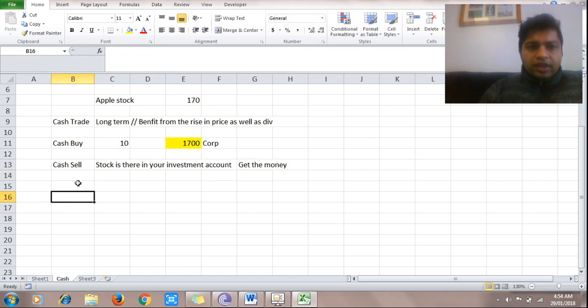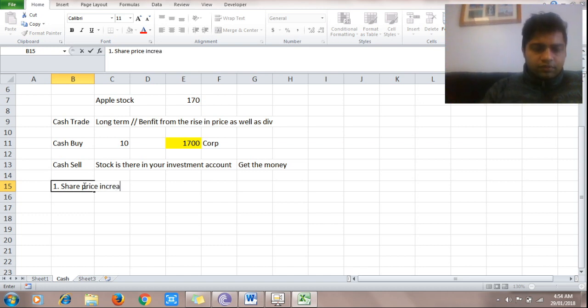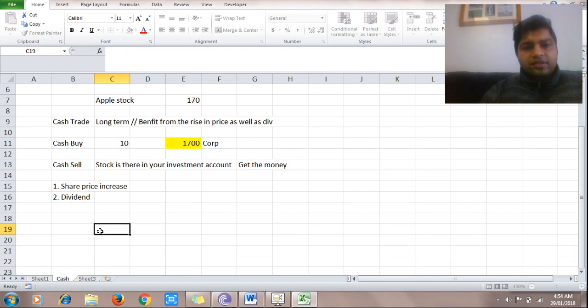So in cash trade, you benefit from 2 points: the share price increase that the stock exhibits, and the dividend that the stock pays. So you benefit from 2 points, share price increase as well as dividends.